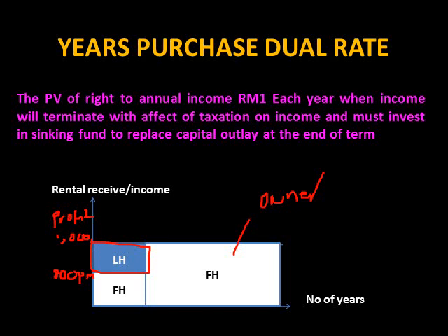We can assume that the leaseholder gets extra money, because the market rental is 1,000 and he lets the property at RM800, which is 200 below the market rental. For your information, for YP dual rate, we consider the profit rental to calculate the interest of the property.